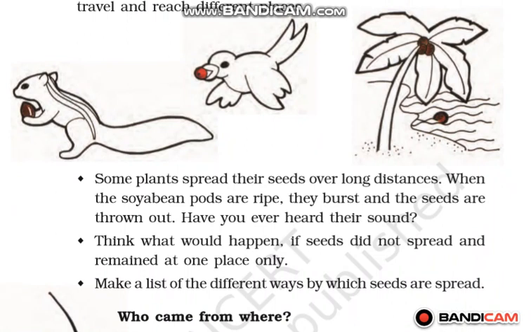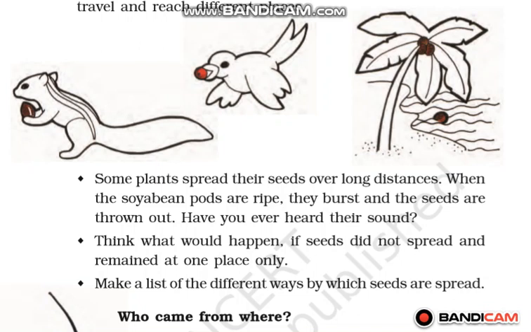Have you ever heard their sound? If you have heard, you will know that soybean pods are like a bomb. When a bomb blasts, the particles burst and go to a long distance. In the same way, soybean pods, when they get ripe, they burst. And after bursting, these seeds are thrown out.